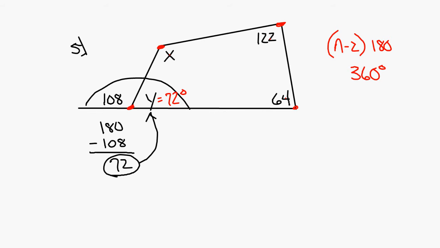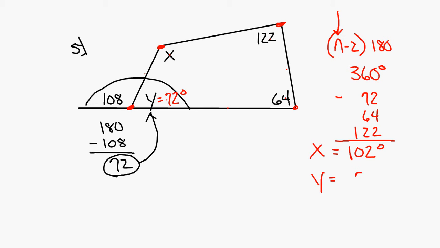If you take 360 and subtract 72, 64, and 122, it gives you the value of x, which is the last angle. That's 102 degrees. So your x is equal to 102 degrees, and your y is equal to 72 degrees.